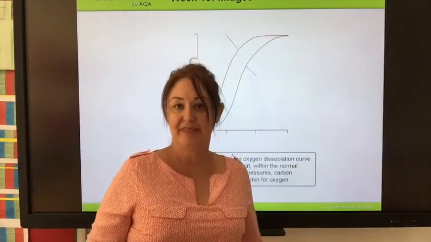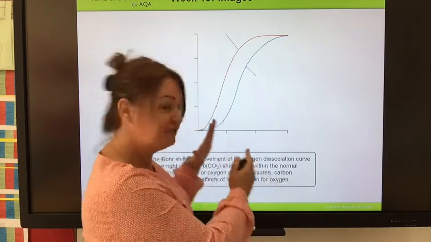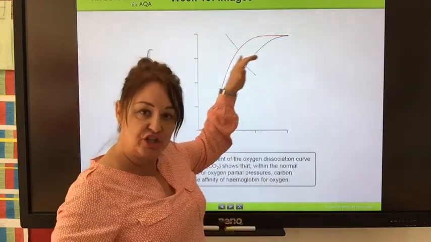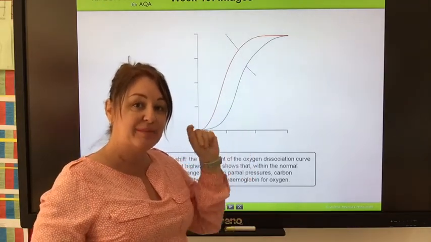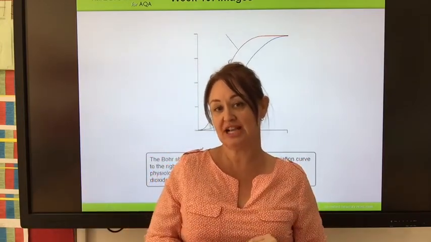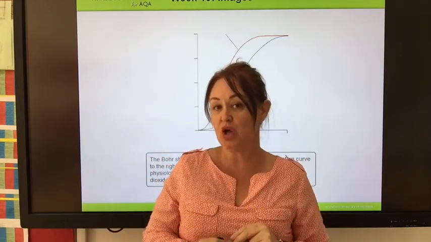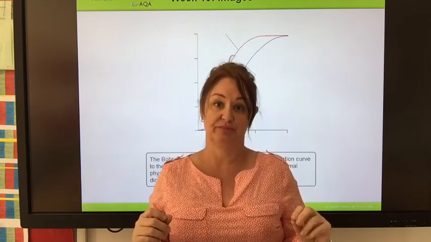Let's consider the Bohr shift. The Bohr shift describes the shifting of the oxygen dissociation curve to the right. Now it makes sense to us that in an area where there are high carbon dioxide levels, we would want our haemoglobin to dissociate from the oxygen.